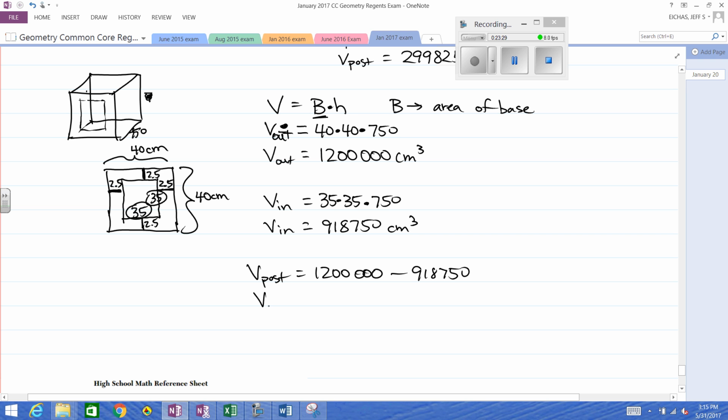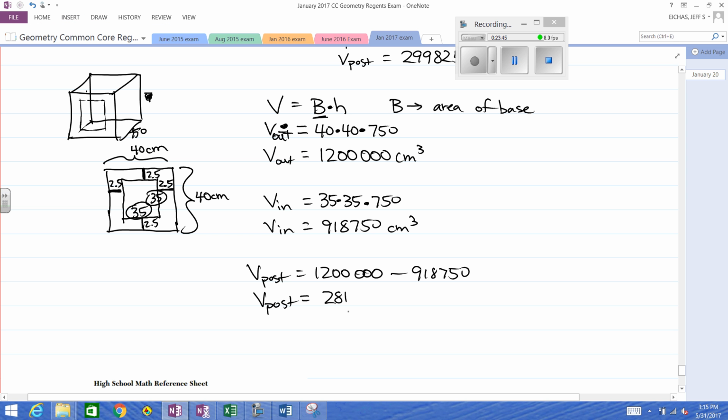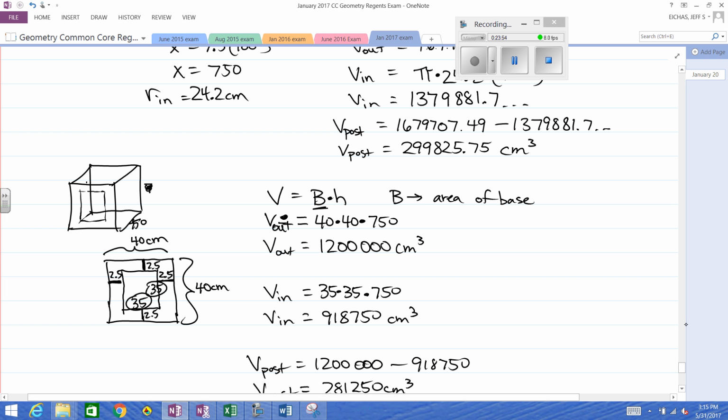And so the volume of the post, using the rectangular prism design, is 281,250 centimeters cubed.